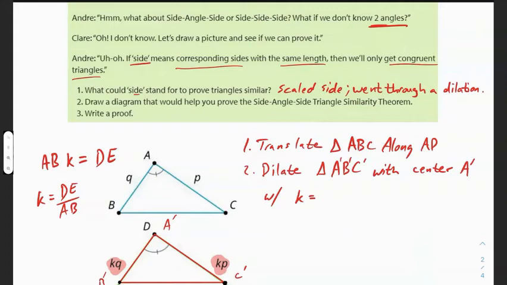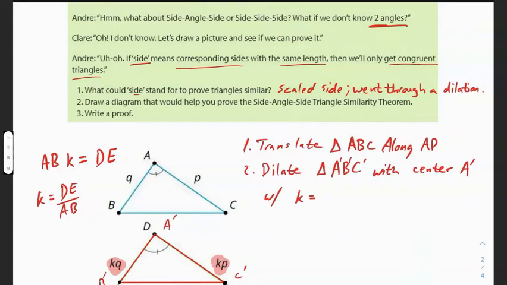And what are we trying to do? We're trying to see if we could do side angle side, but notice how the two sides are not congruent. But what if they go through the same scale factor? That's something to notice right there.